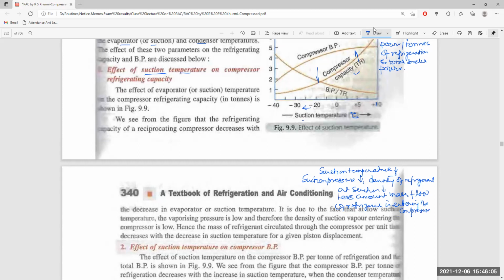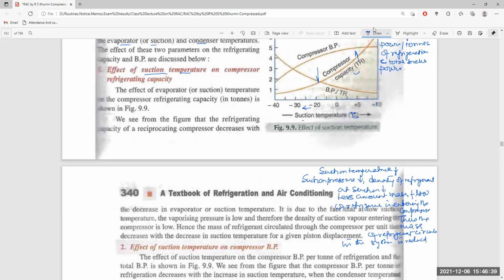Thus, the mass of refrigerant circulating in the system is reduced, which results in the decrease in capacity with the decrease in suction temperature.